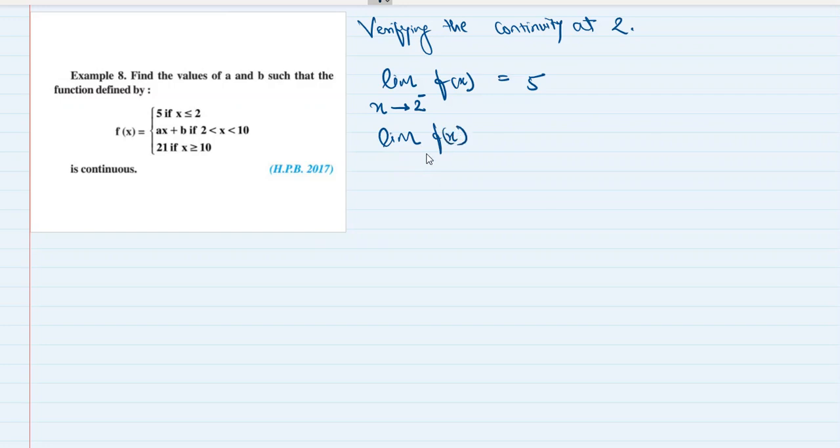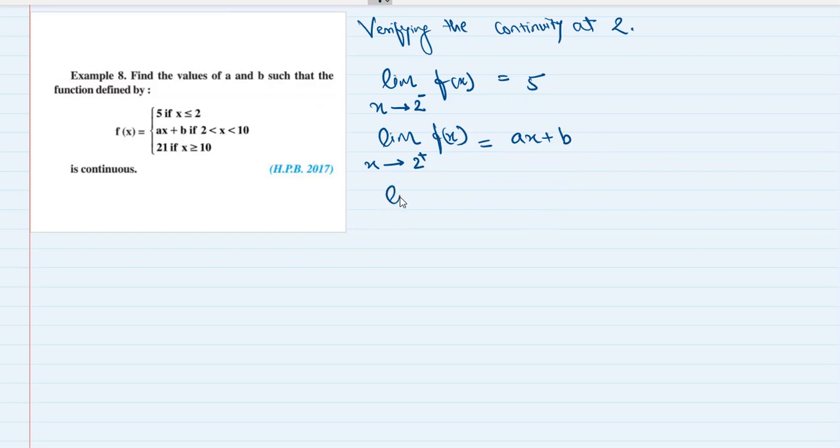Now when we approach the limit of this function when x tends to 2 plus, from a number which is greater than 2, the function assumes the value ax plus b. Now we will simplify this further by using the h method.